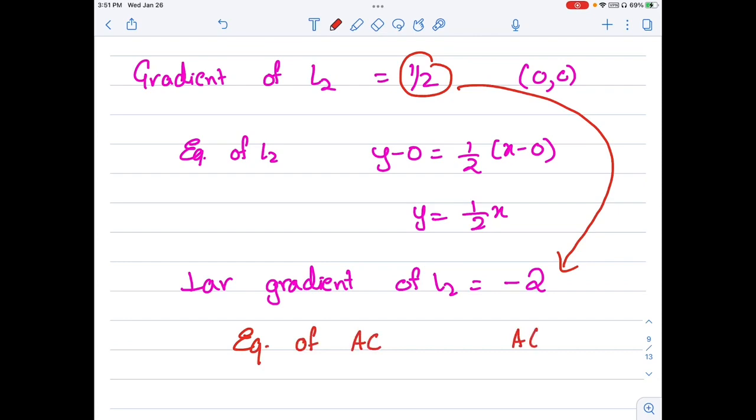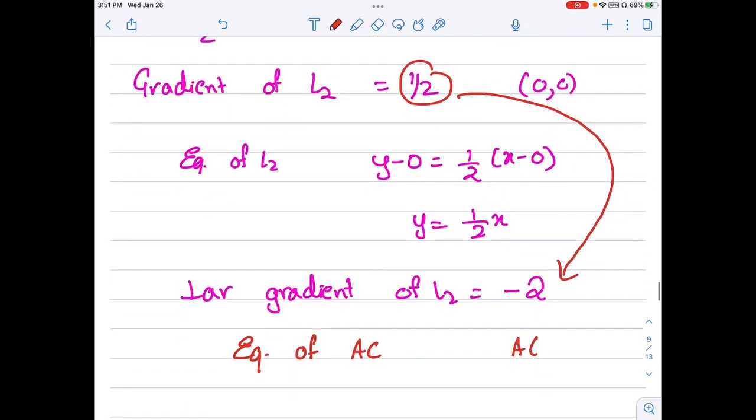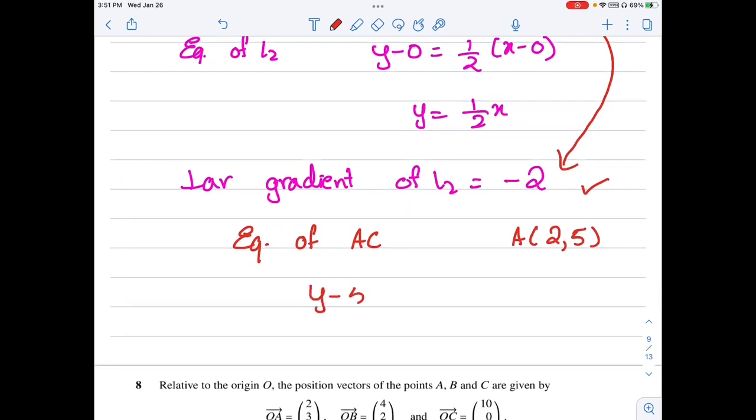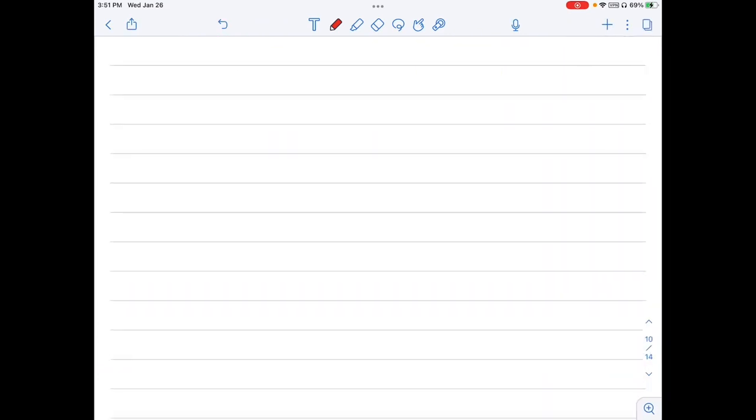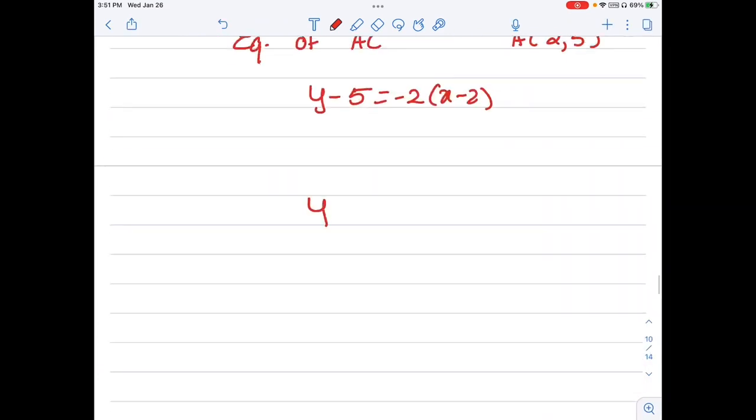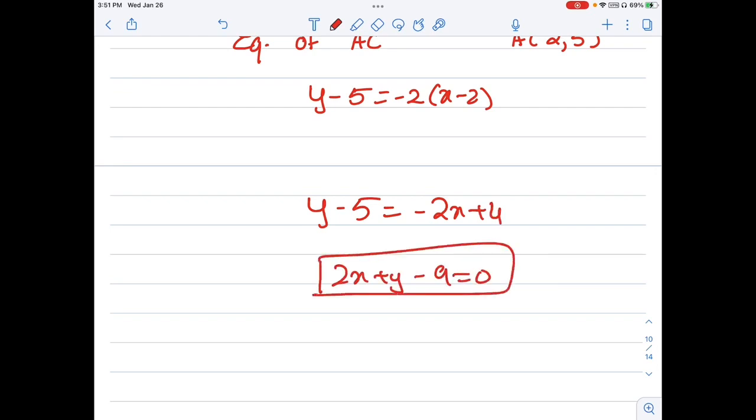Because I know the point A is (2, 5) and the gradient is minus 2, y - y1 is equal to m times (x - x1). So y - 5 equals -2x + 4. So I get 2x + y - 9 equal to 0. This is the equation of AC.